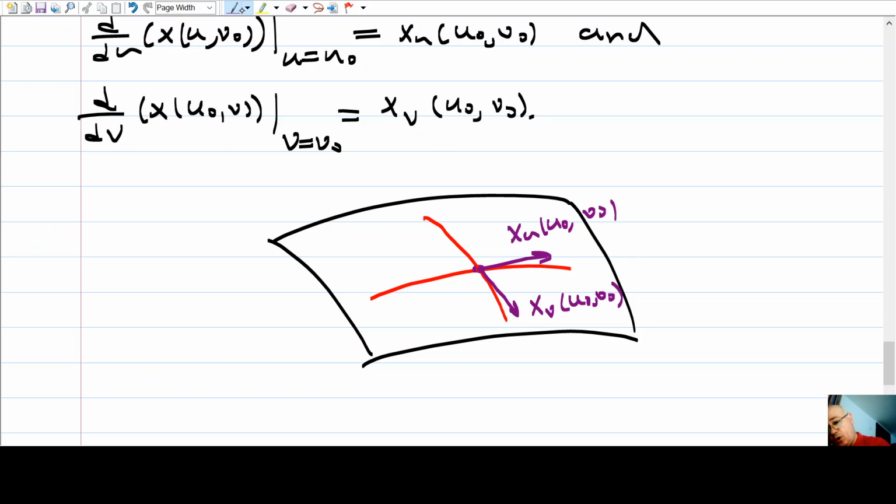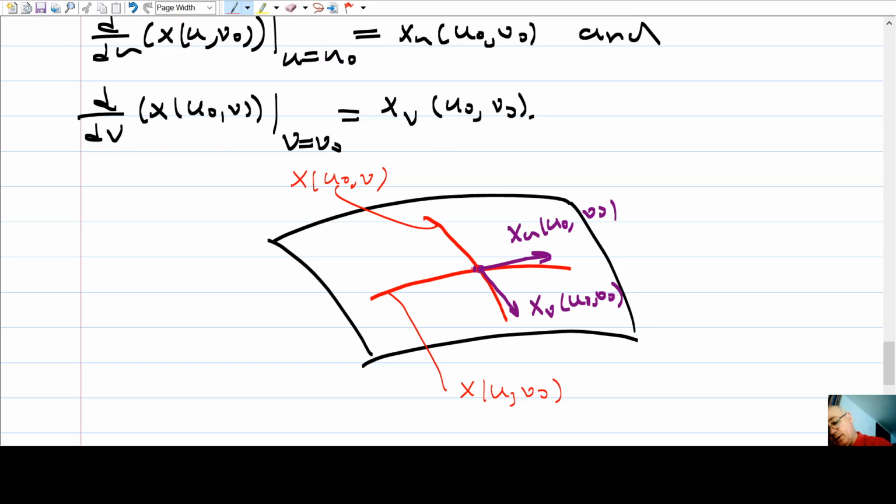This is the curve x of u, v0, right? And this is the curve x of u0, v.